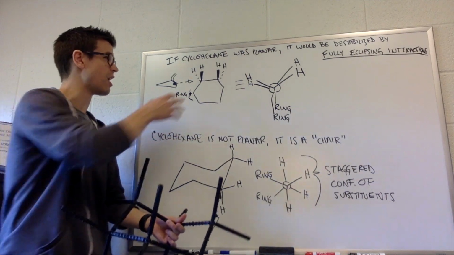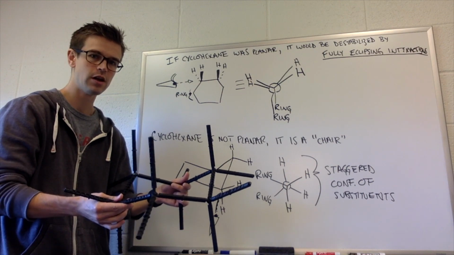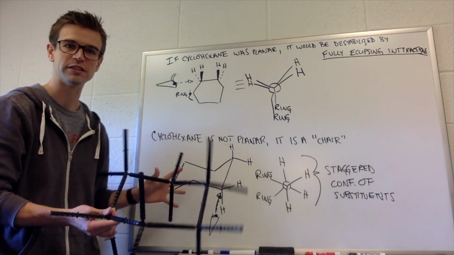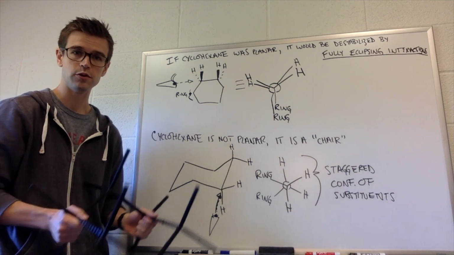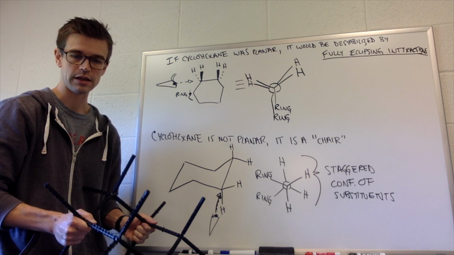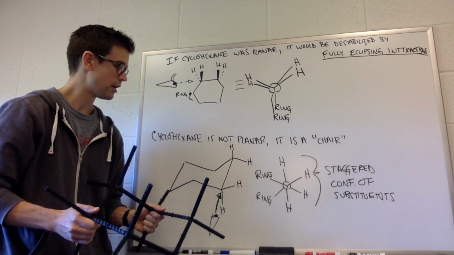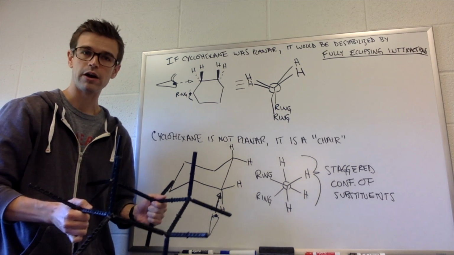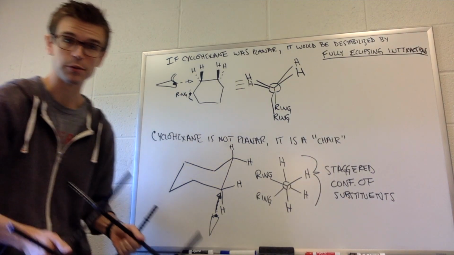It would be really complicated to draw wedges and dashes on a chair structure because we're trying to draw it kind of in perspective. So we are going to continue to work on drawing these chair structures, especially in the next video. And it's going to take practice, and it's something that you'll get better at the more that you do it. So, all right, we'll see you again soon.